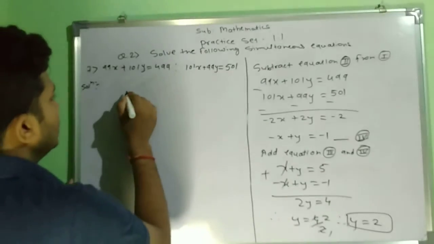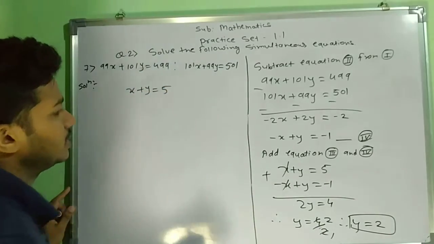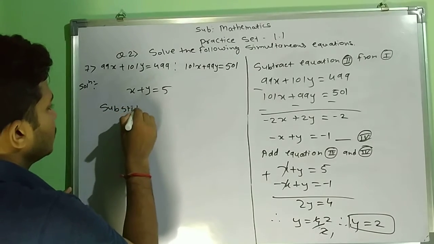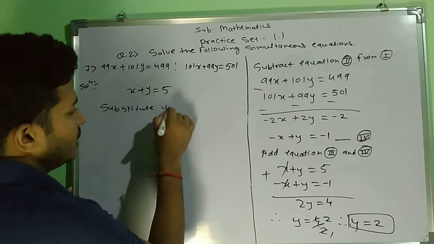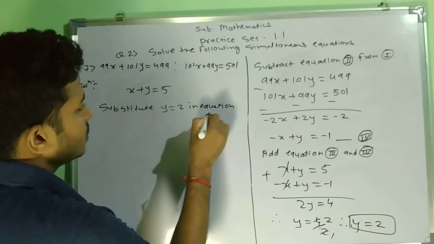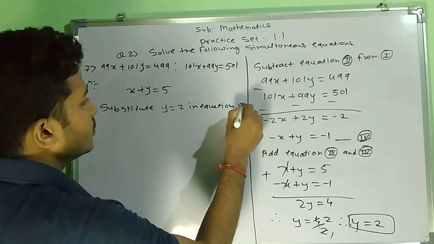Our equation 3 was x plus y, which is equal to 5. Now we have to substitute the value of y equal to 2 in that equation 3.